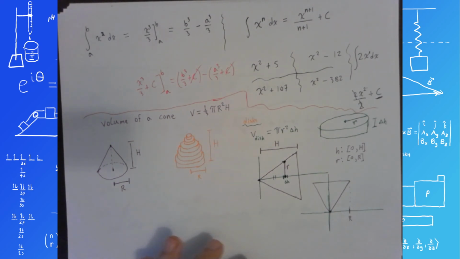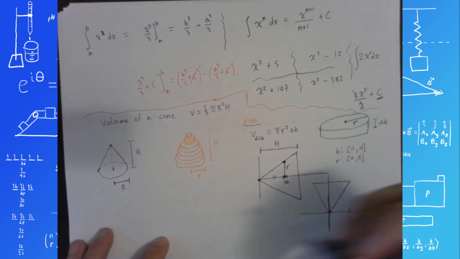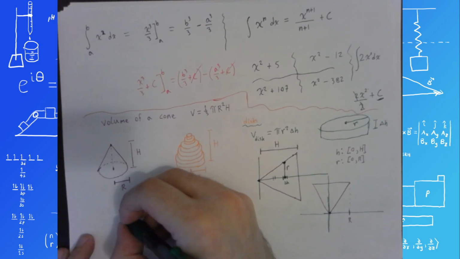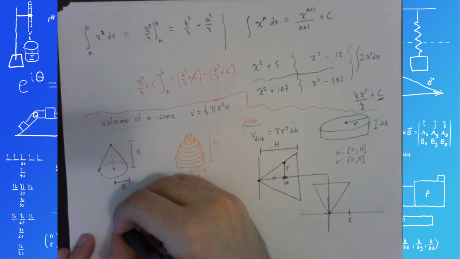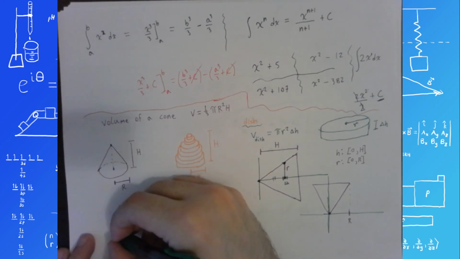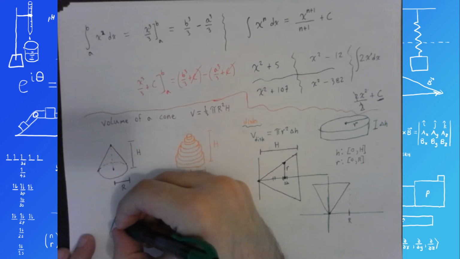So what I can do is I can just draw similar triangles, or similar cones, if you will. I will do that over here. So let's say I draw two cones, two triangles, however you want to think about it.